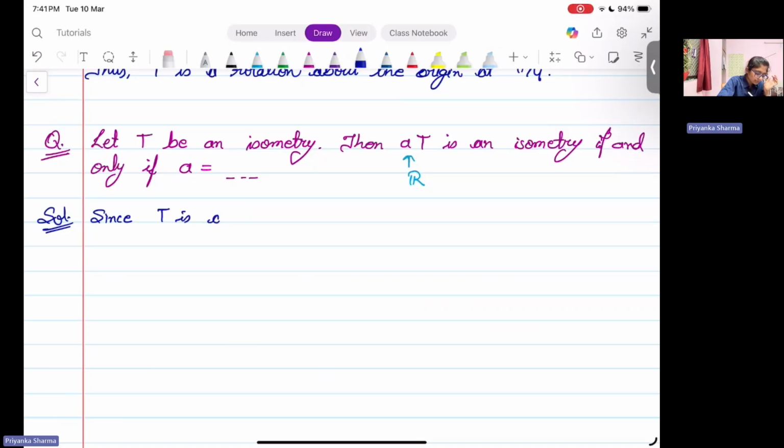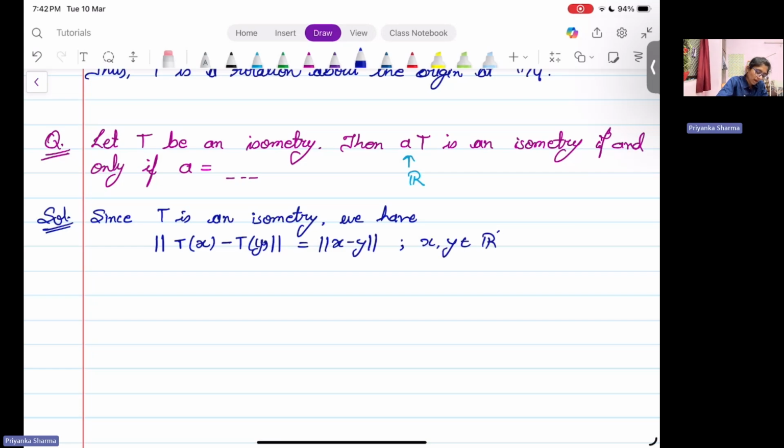Since T is an isometry as given, what we have is the norm of T of X minus T of Y is the norm of X minus Y. Here, X and Y are coming from R square.